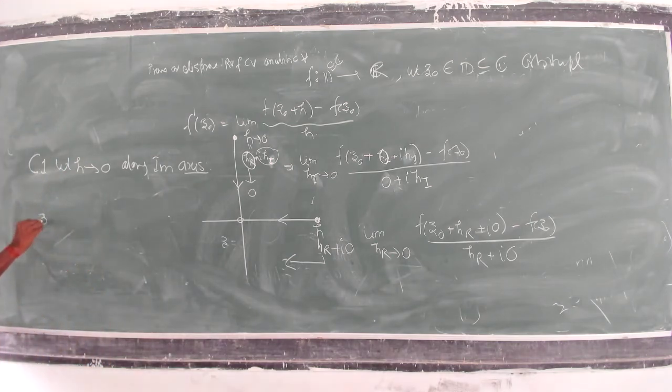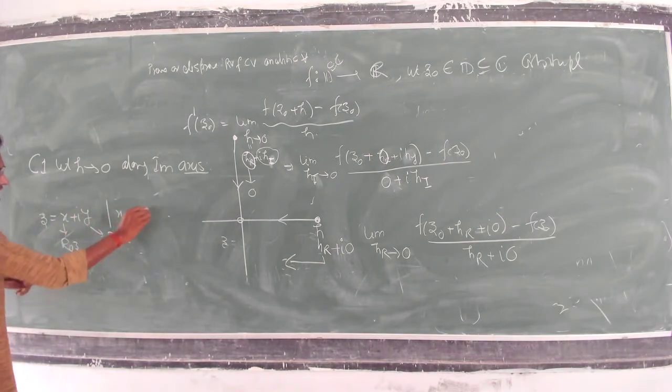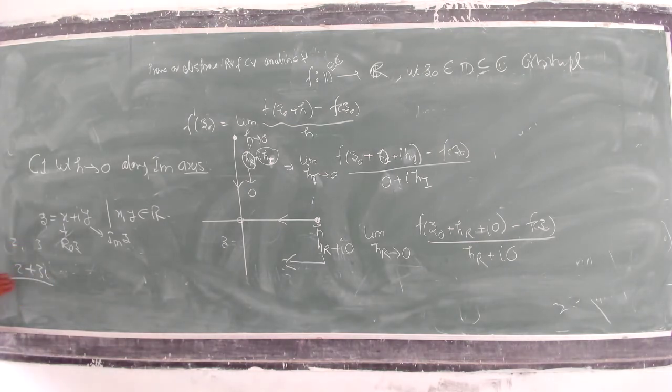Whenever I have a number z is equal to x plus iota y, this is the real part of z, this is the imaginary part of z. But because of this iota, it becomes the imaginary part. But you know that x and y both belong to R. Like take 2 and 3, then 2 plus 3 iota is a complex number.